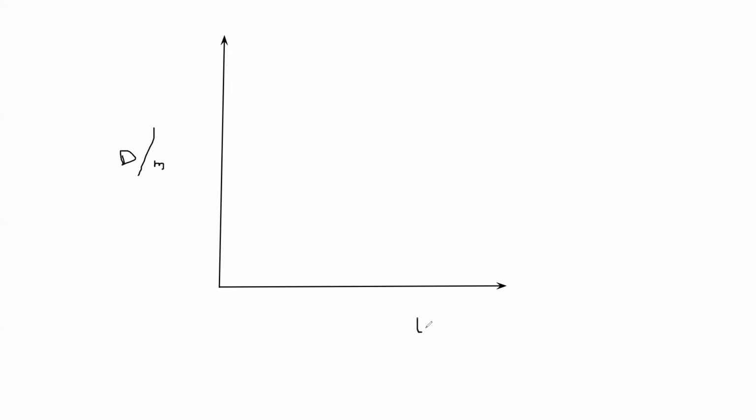And you may have a graph with different sections, and you have to explain the motion of an object. Like we have a distance time graph, distance is on the y-axis and time is on the x-axis.